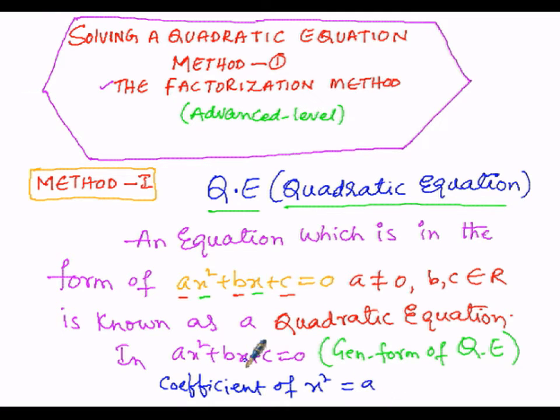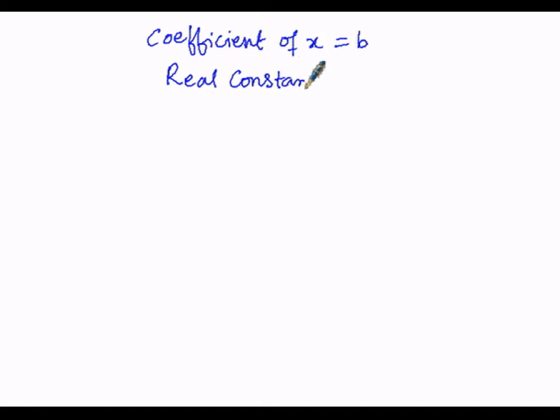Similarly, the coefficient of x is b, whereas the real constant is the third term. So in ax square plus bx plus c, c is the real constant. The variable in ax square plus bx plus c equals to 0 is x.